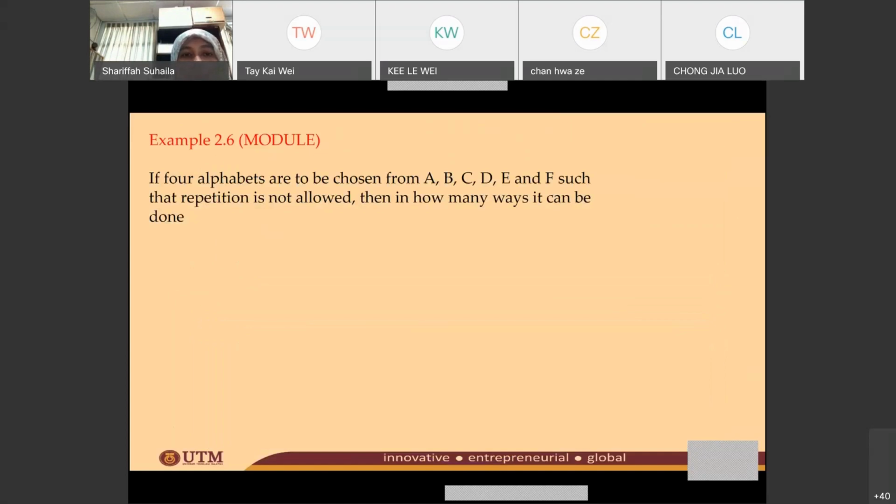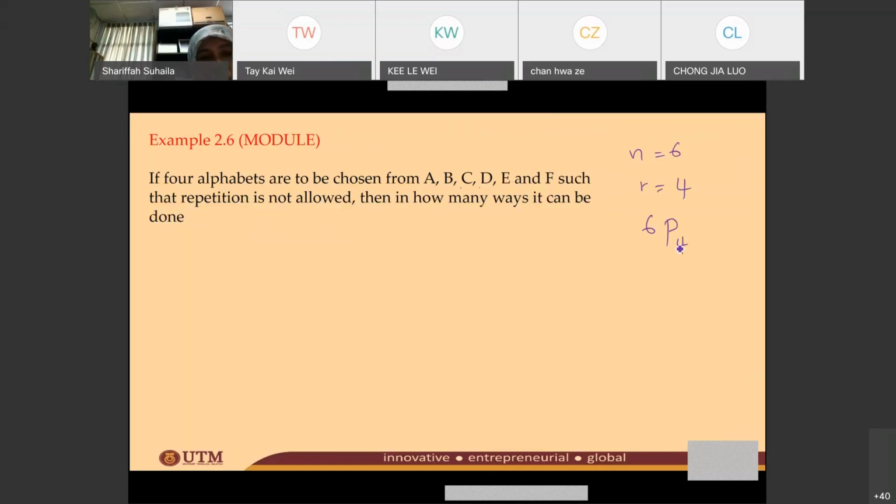Okay, you have 4 alphabets to be chosen from A, B, C, D, E, and F. And then again, repetition is not allowed, and how many ways it can be done. So let's say, dia punya procedure lah, okay. I think you already know the answer if you refer to the solution in the module. Okay, we have 1, 2, 3, 4, 5, 6. So that means your n is equals to 6. Okay, your R is 4 alphabets. So of course, this one is 6P4.